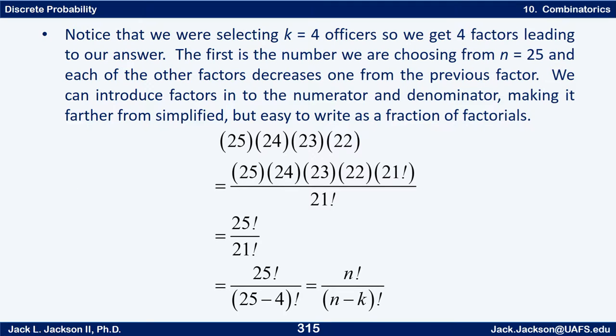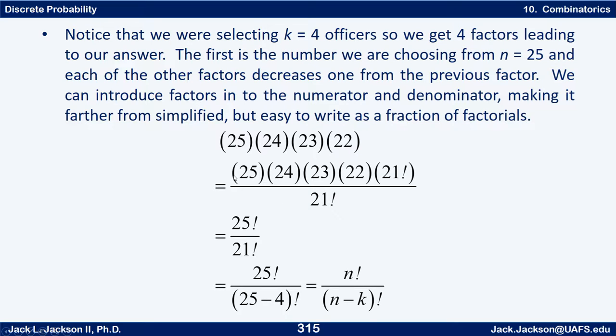Now, I want to think back to the factorial function that we had before, and you may look at this, and in one sense we're making this a little bit harder or more complicated, but in another sense not. So I'm going to take this 25 times 24 times 23 times 22, which is really the best way to think of it in a way, but I could multiply top and bottom by 21 factorial if I wanted to.